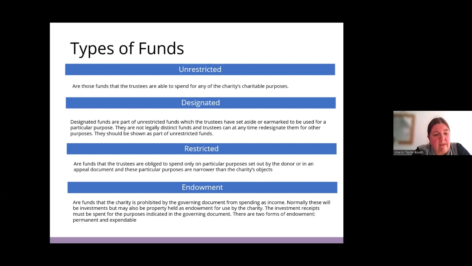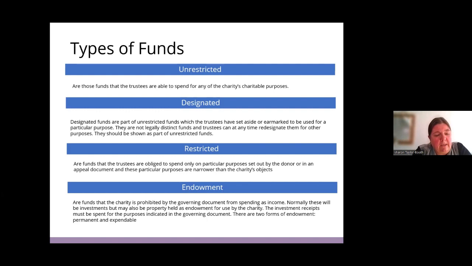Normally, these will be investments, but may also be property held as endowment for use by the charity. The investment receipts must be spent for the purpose indicated in the governing document. There are 2 forms of endowment: permanent endowment or expendable endowment.